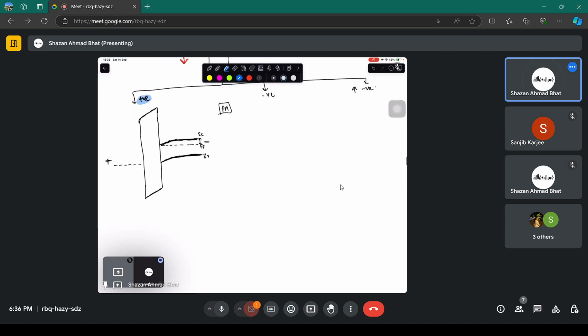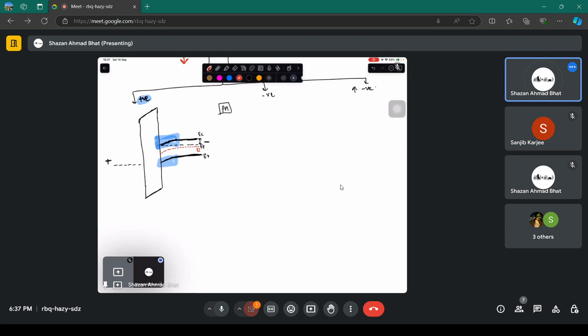Okay, so what is going to happen is that now there is a region formed here in this particular area, and there is a bending also. And you had that intrinsic level before, which is something like this, that also bends down near the oxide.